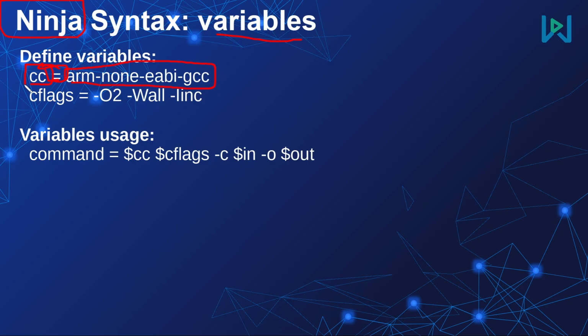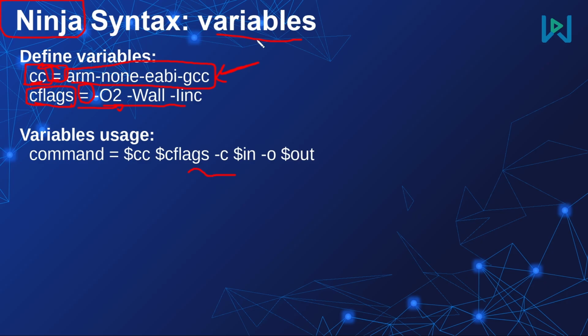Here I have created the cc variable, which will hold the compiler name to be used to compile our project. I have created another variable, cflags, then initialized it using the equal mark with a set of compiler flags to be passed later on to our compiler.